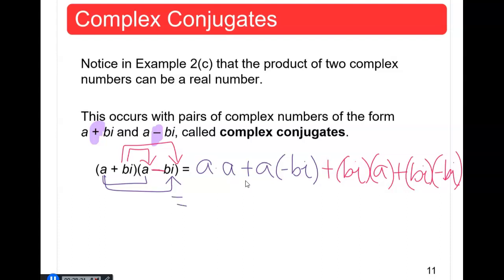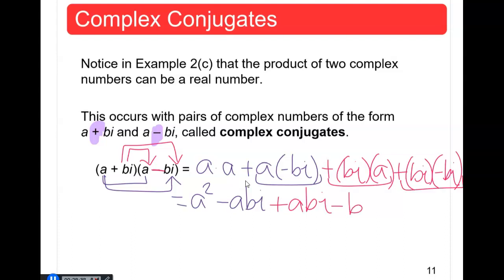Okay, so we will get a squared. Here we're going to get negative abi, and from here we're going to get positive abi, and then here we're going to get negative b times b, which will be b squared, and then i times i is i squared. You could see that the two terms in the middle are opposite, so they cancel each other and equal 0. Now we have a squared minus b squared i squared, and the i squared will be replaced with negative 1.